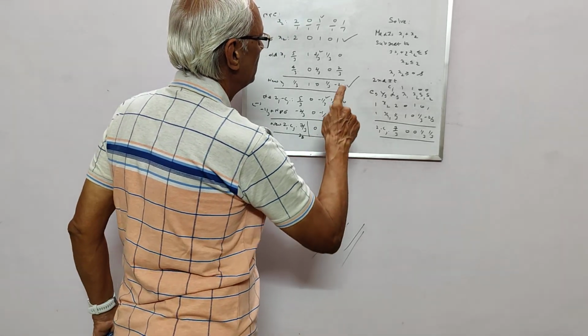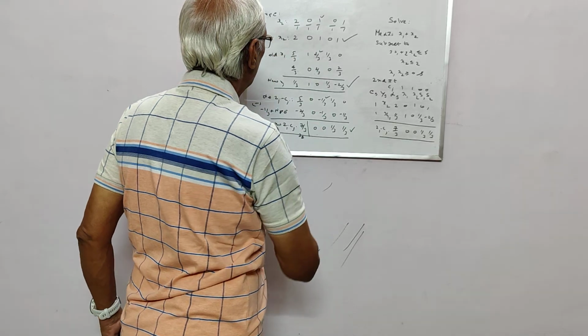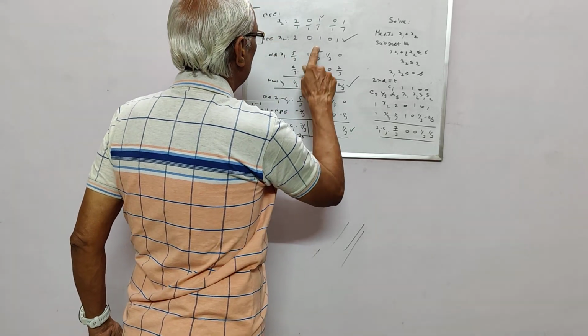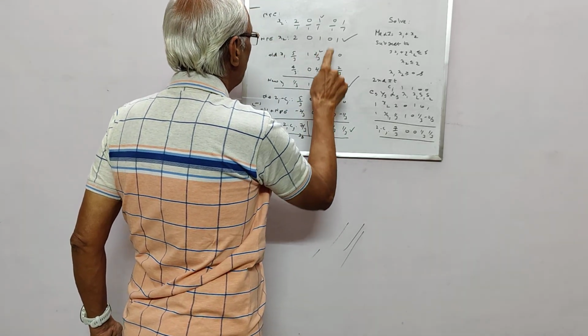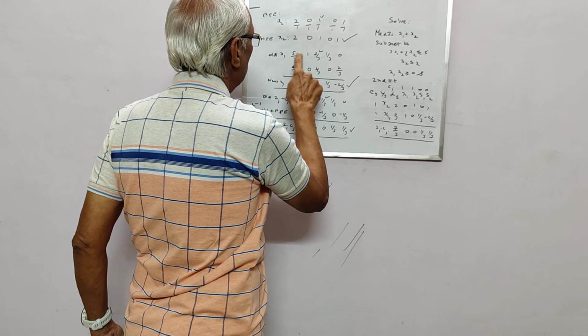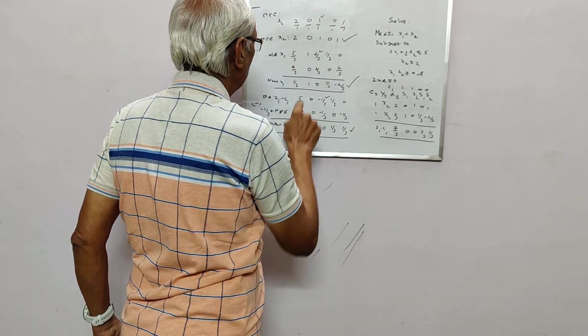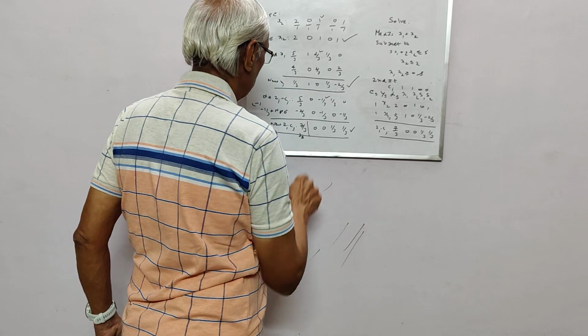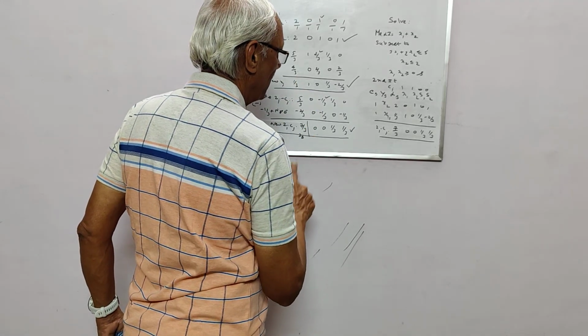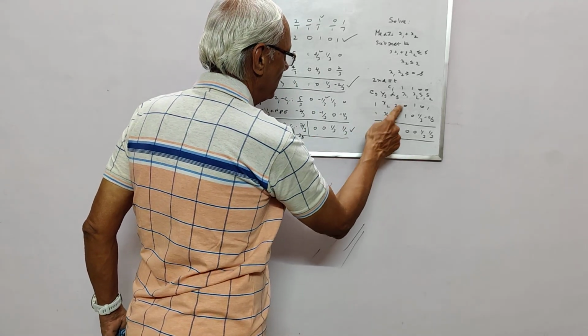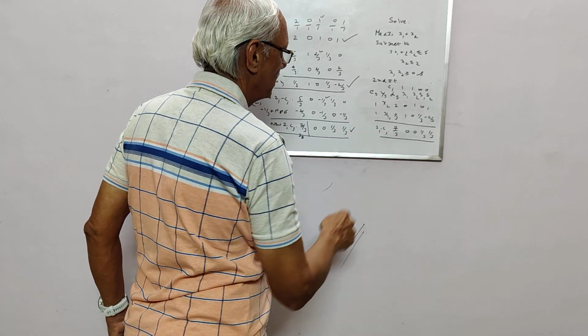This one, yes, this is 2. Then 2 by 3, 4 by 3, it is 1 by 3, this is correct. And 2 by 3 plus 1 by 3, correct.